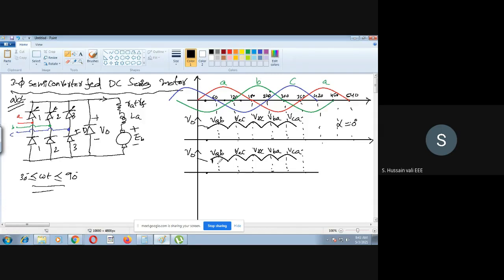And you know very well there is a freewheeling diode here, so the freewheeling diode will conduct automatically. Similar cases follow.